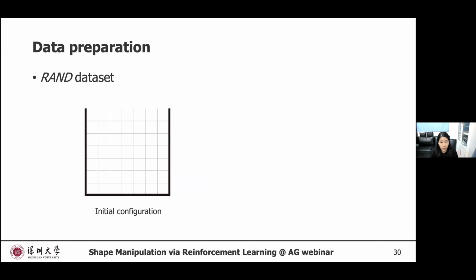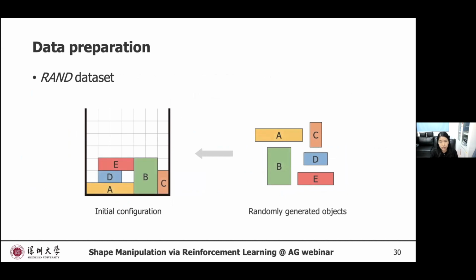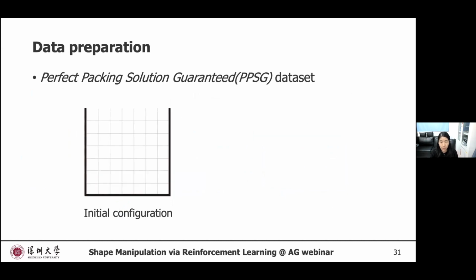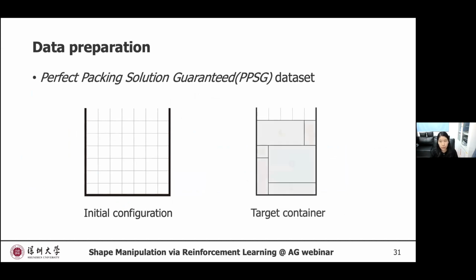And to test our method, we designed two datasets. The first one is the random dataset. The initial box configuration was generated randomly. And the second one is called the perfect packing solution guaranteed set. To generate the initial configuration, we first generate a perfectly packed target container, what we call a candidate perfect packing solution, CPPS.